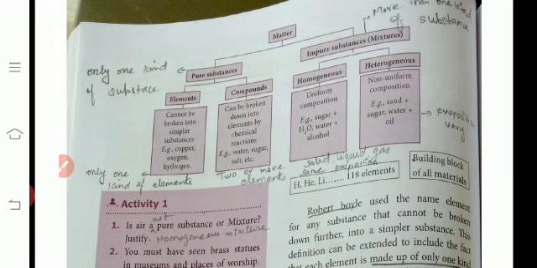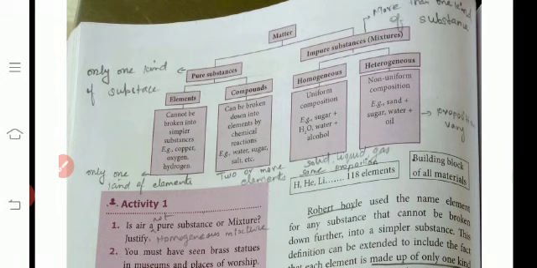Homogeneous means uniform composition, for example sugar plus water, water plus alcohol. Heterogeneous means non-uniform composition, for example sand and sugar, water and oil.